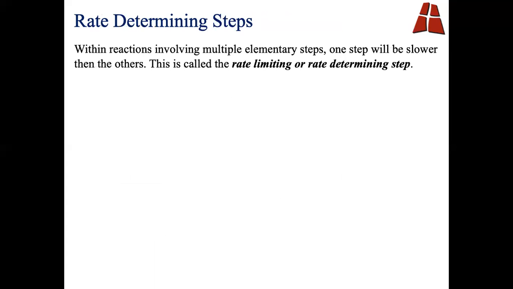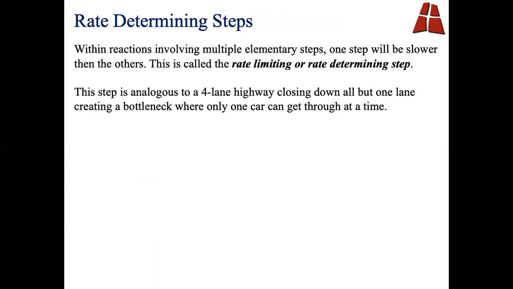All right. Within our elementary steps, we can also talk about what is rate limiting or rate determining. And so this step may be an apt metaphor for us in Southern California. Say we have a 4-lane highway and it closes down to just 1 lane due to an accident or construction, so that only 1 car can get through at a time.